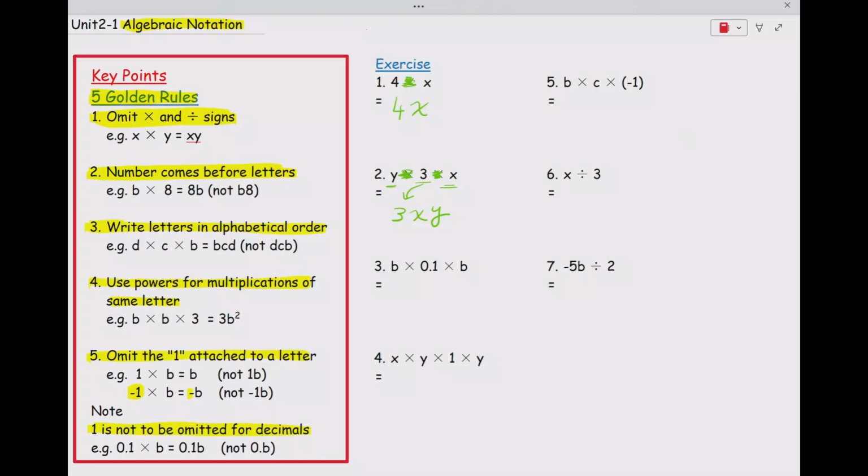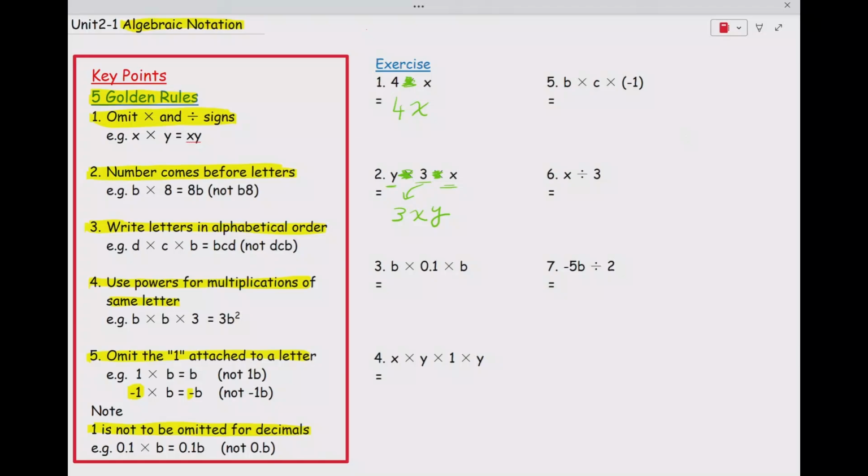Numbers come before letters. Rule 3. Letters are arranged in alphabetical order. Rule 4. Multiplications of the same letter are expressed as a power of the letter. And Rule 5. Omit the ones attached to the letters.